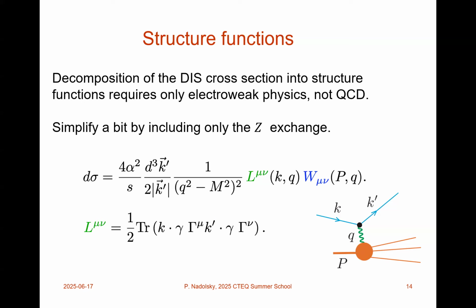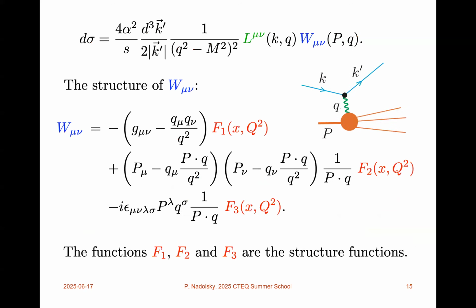Furthermore, because of the Lorentz structure of the contraction of these tensors, we can introduce what I call structure functions. So we can write this hadronic tensor, which is called W here, in terms of, in general, three structure functions, F1, F2, and F3, that are multiplied by some tensors describing the structure of the Lorentz group for the scattering. And the structure functions only depend on X and Q squared.